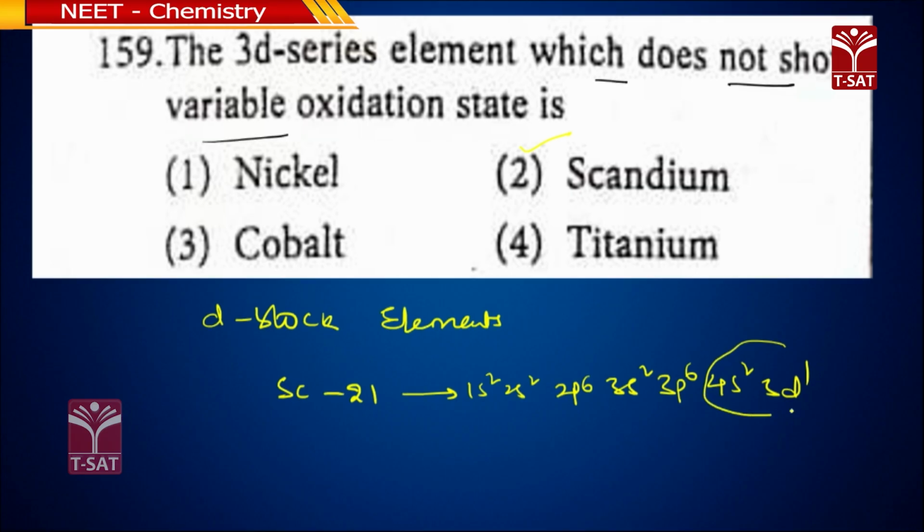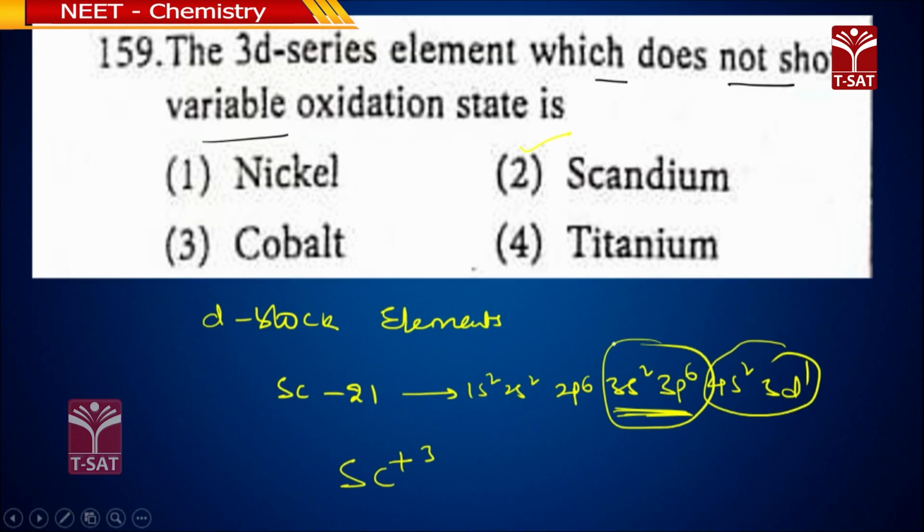So, if it is losing these 3 electrons, it is attaining next noble gas configuration, that is 3s2, 3p6. So, scandium is showing only +3 so as to get noble gas configuration. In its +3, it will be in the noble gas configuration, right? That is why it only shows this +3 and will get highest stability.